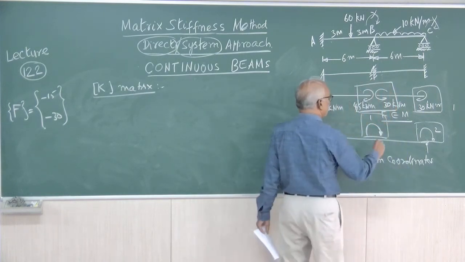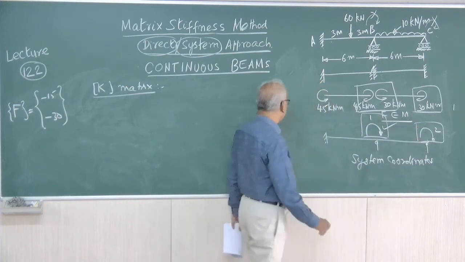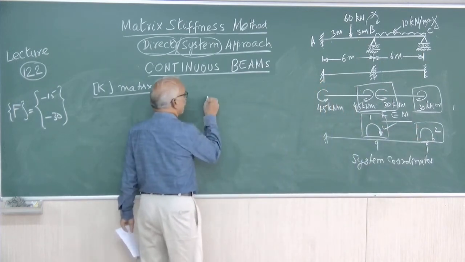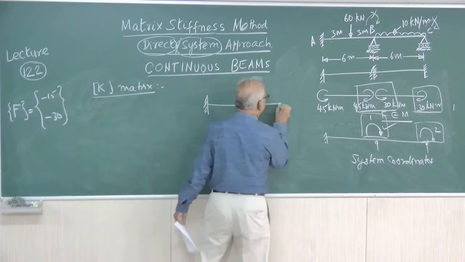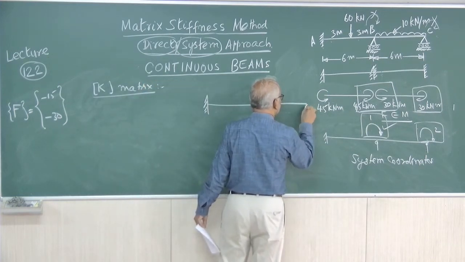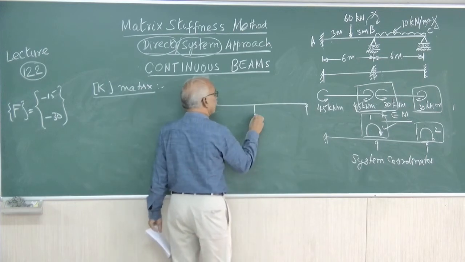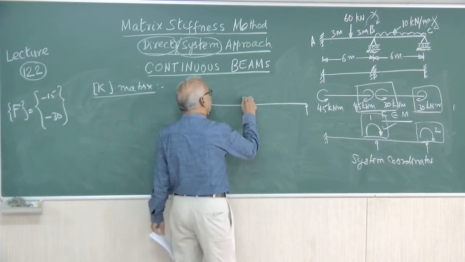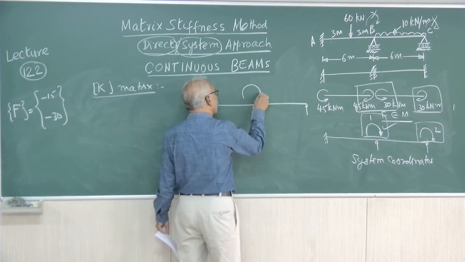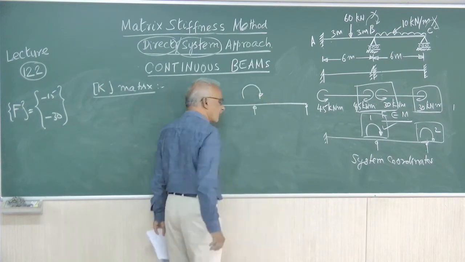Now, let us apply the force along system coordinate 1. That is system coordinate 1, this is the given beam. Now we have to apply unit force or unit displacement on system coordinate 1.